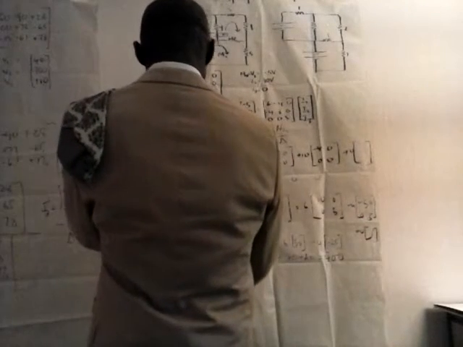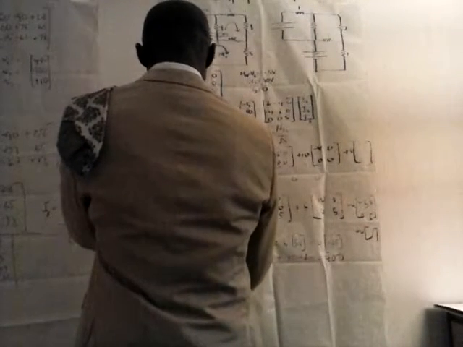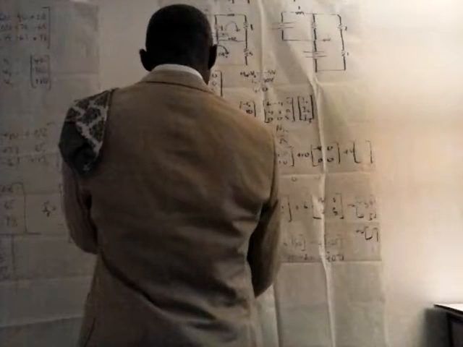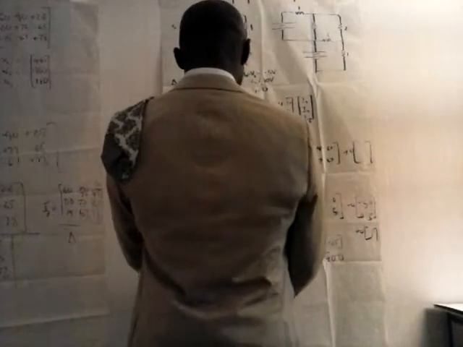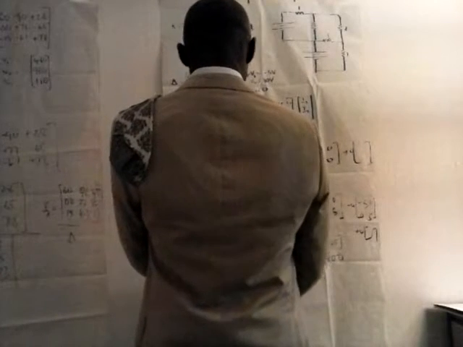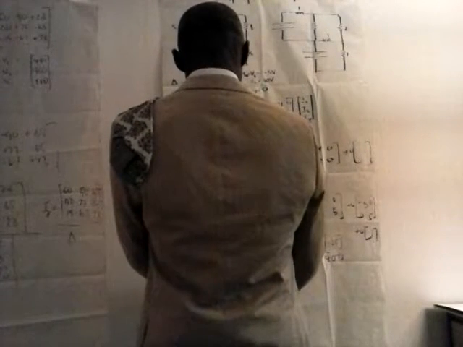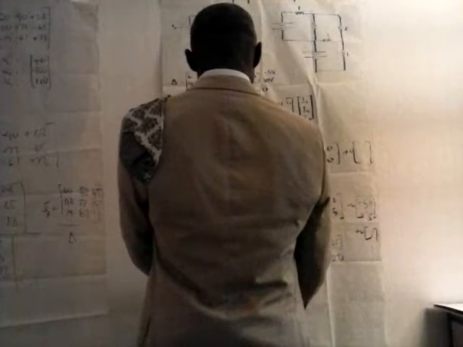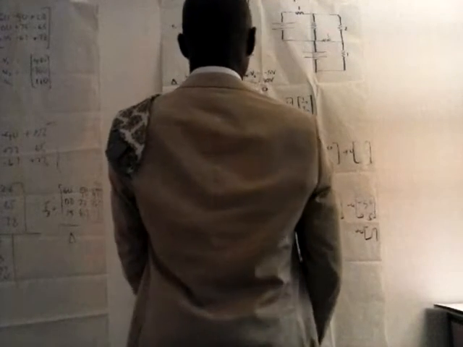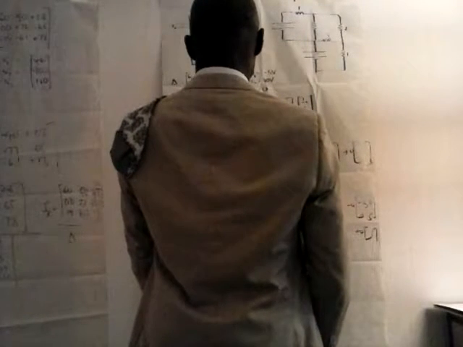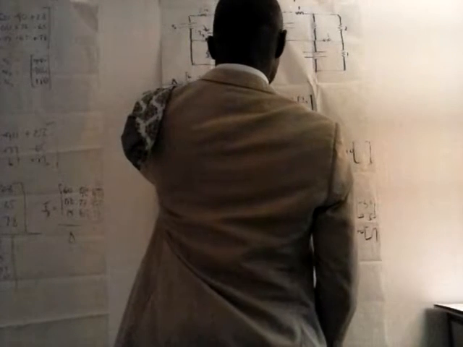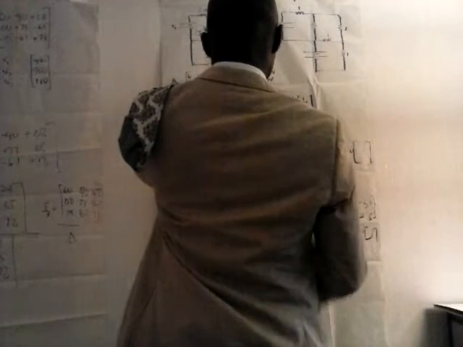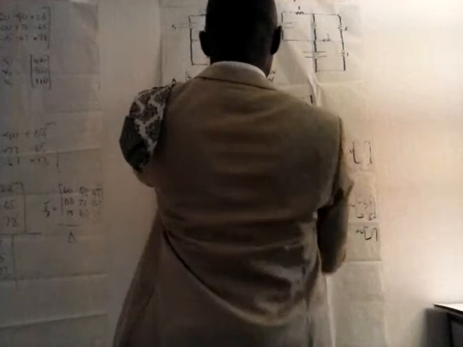I3 is equal to Ni3 over delta, where Ni3 would be equal to the determinant of the matrix where we replace the last column by the voltage values.